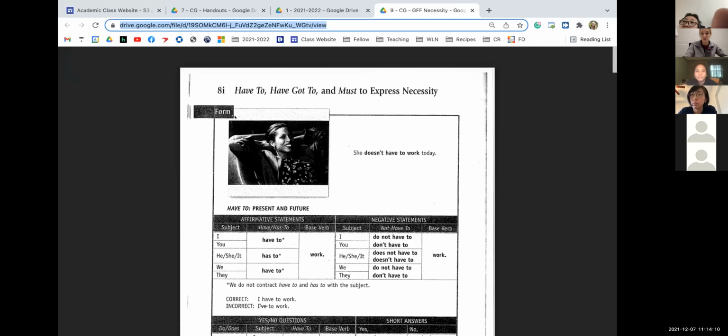Instead, we add yesterday or tomorrow. For can and could, we use a different word altogether to show past tense. But we've seen today with had better, have to, have got to, even though these words are in the past, like had better, got, have got to, these are not for past tense. So we're not going to change the tense of these terms. These are all talking about the present time.